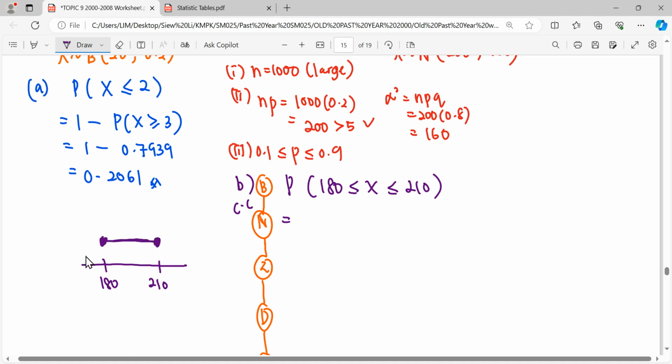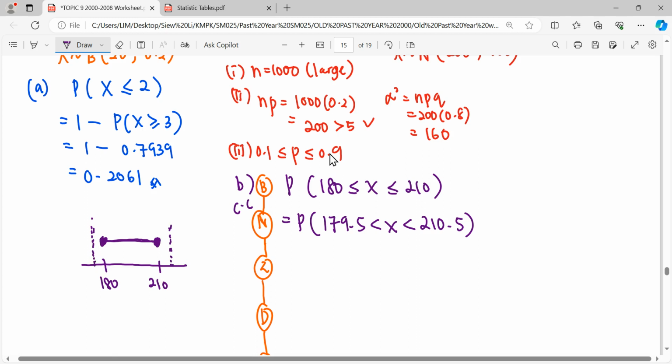So we do CC, adding 0.5 or minus 0.5. It is supposed to start before 180 and end after 210. So the boundary will be 179.5 until 210.5. For 210 you have to add 0.5, but for 180 you have to minus 0.5.